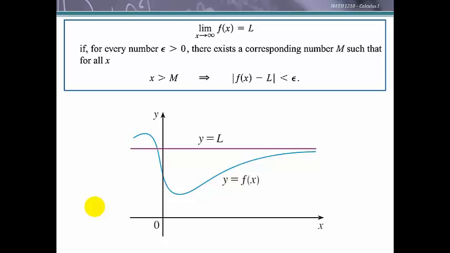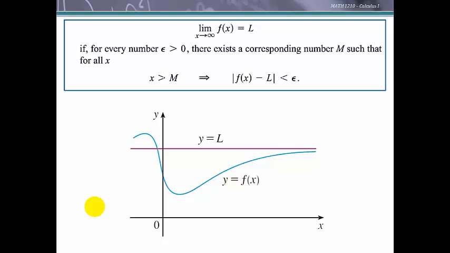The limit as x approaches infinity of f of x equals L if for every number epsilon greater than 0 there exists a corresponding number m such that for all x, when x is greater than m, it implies that the distance from the function value to the limit, so we have the difference here with an absolute value, is less than epsilon.